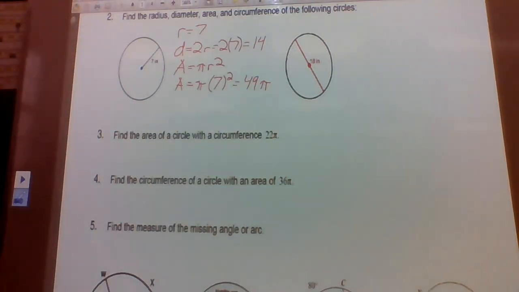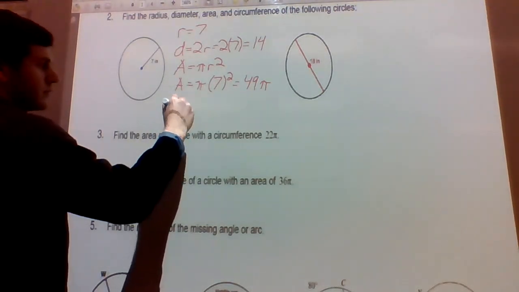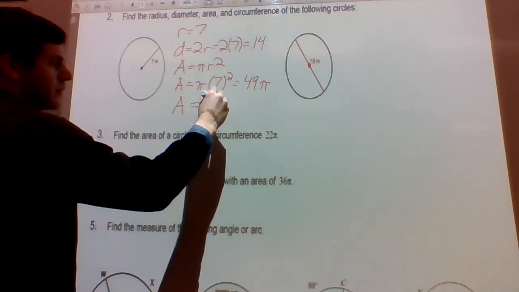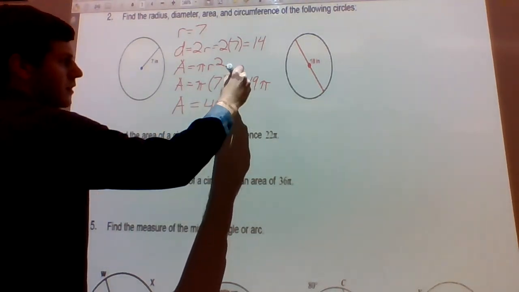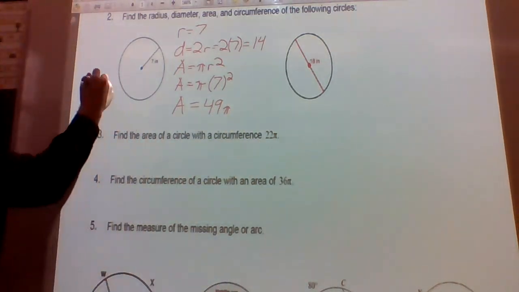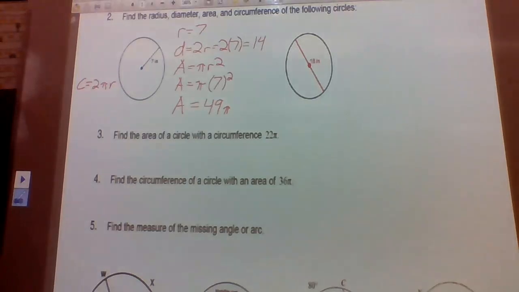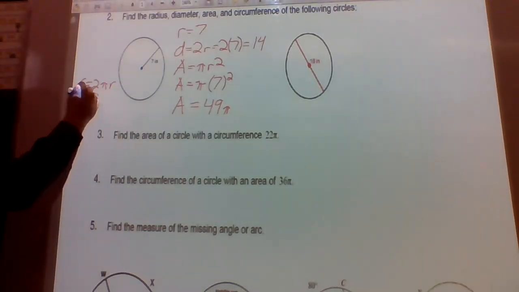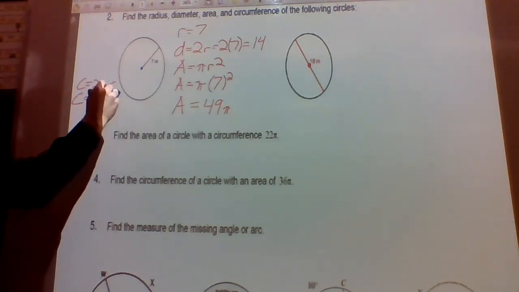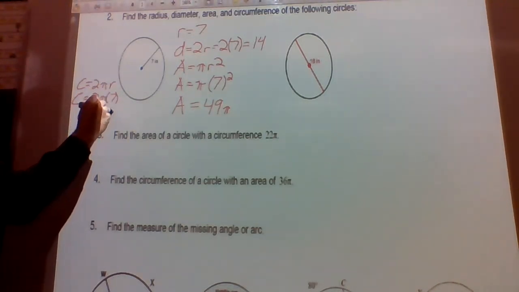Then we have circumference equals 2 pi r. The radius again is 7, so that's 2 times pi times 7, which is 14 pi.